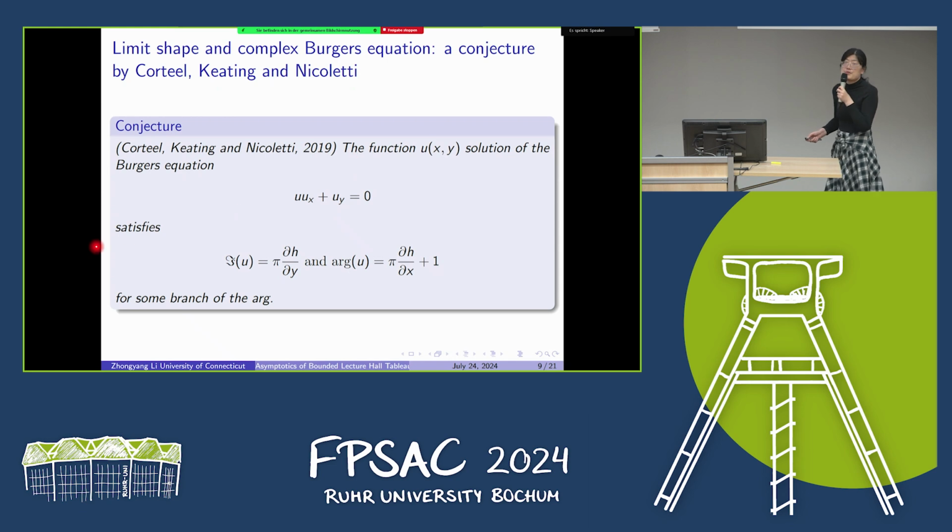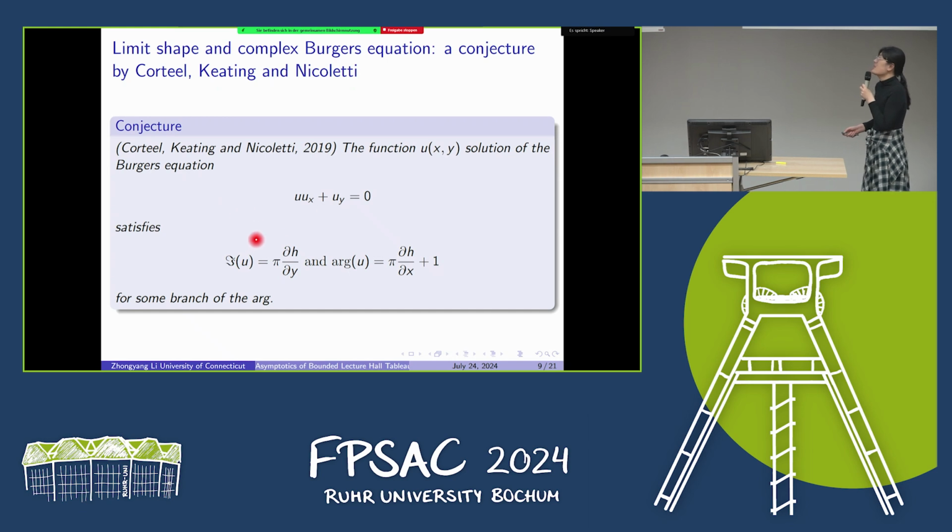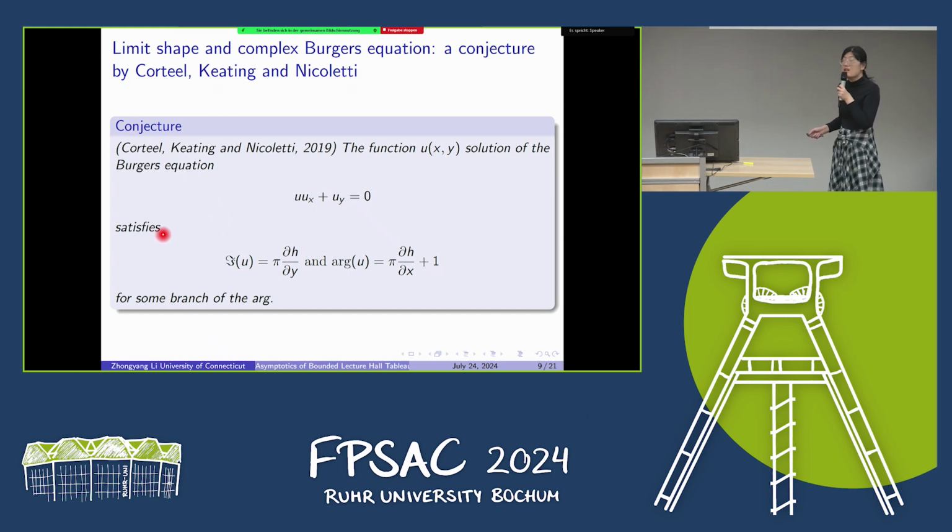Basically, if you consider the height function of non-intersecting paths, every time it comes across a path, the height is increasing or decreasing by 1. If you rescale it by epsilon, you multiply the height by epsilon. Then in the limit, the height function becomes a Lipschitz function. You consider the slope of the limit height function, and it is related to the solution of the complex Burgers' equation in this way. So the major goal of this talk is to talk about how to solve this conjecture.